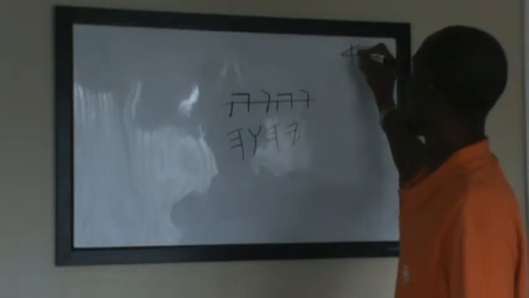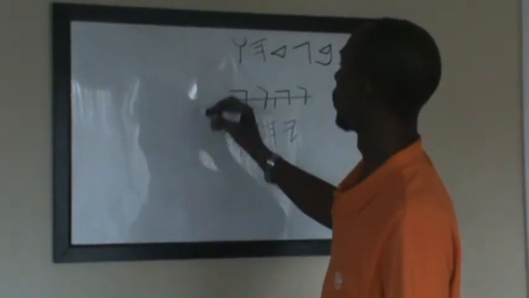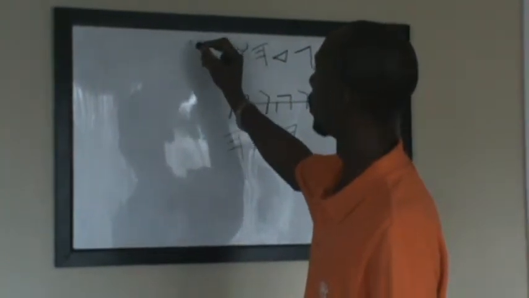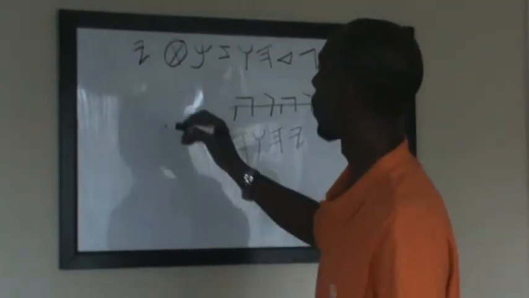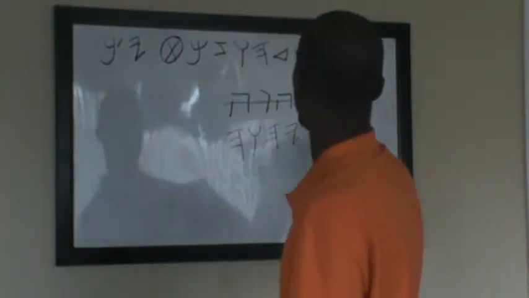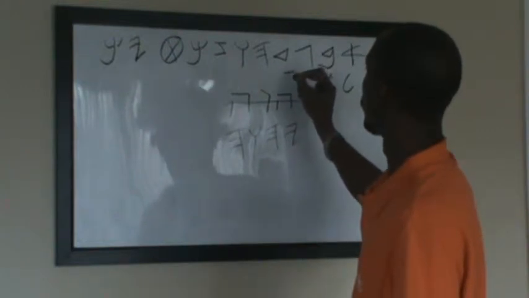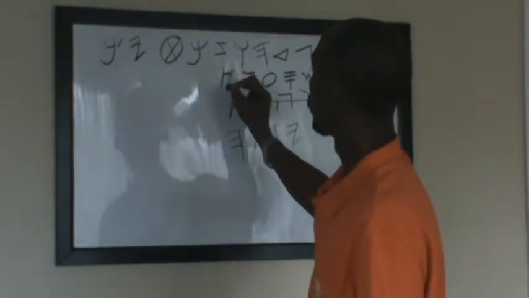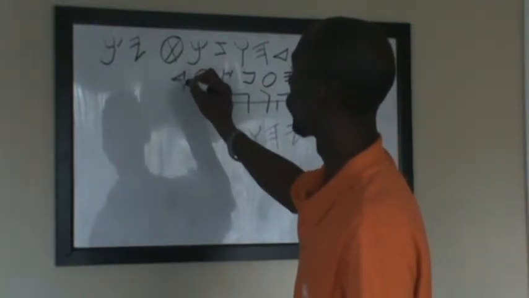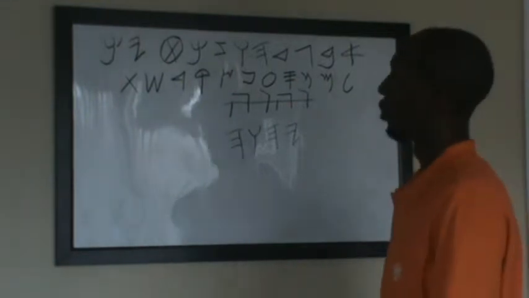This is Aleph, Bet, Gimel, Dalet, Hey, Wah, Zayin, Chet, Tet, Yod, Kaf, Lamed, Mem, Nun, Samek, Ayin, Pei, Tsadi, Qof, Resh, Shin, Tav.